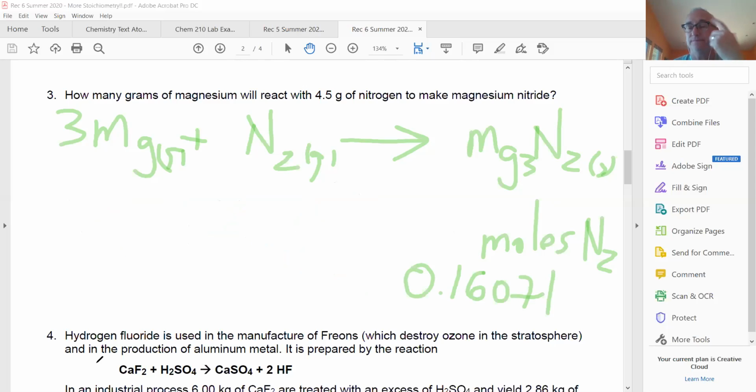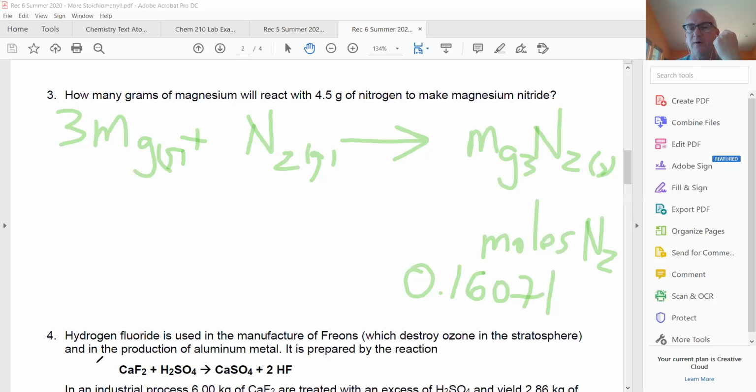Now this question basically tells us we have a limiting reactant problem. Which one's the limiting reactant? Don't we need to calculate that on our own? No, we don't.